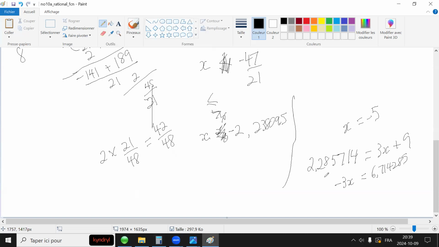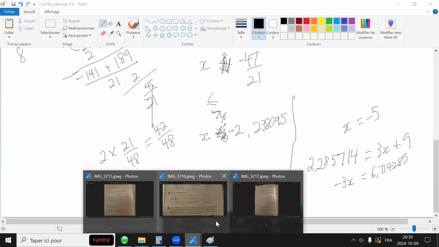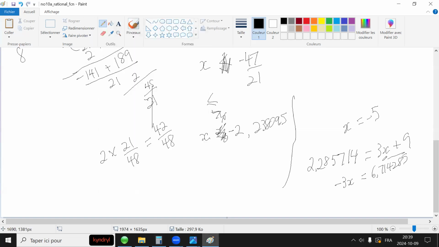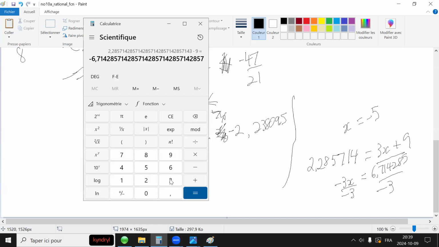6.714285. Is it what I said? I'd have to rewind and see. 714285, yeah, this is my periodic number. Then this has to be divided by minus 3. Then my x would have to be, actually, that's the 0 that I just found.